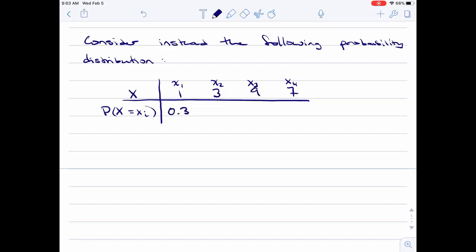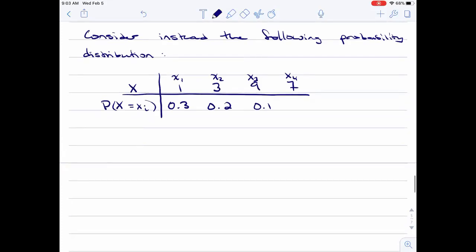The probability of a 3, let's make it 0.2. And the probability of a 9, let's make it 0.1. The remaining probability must be 0.4, because I know they have to add to 1.